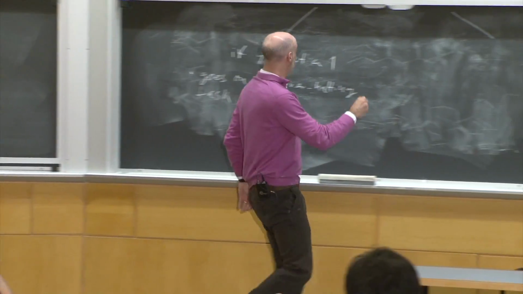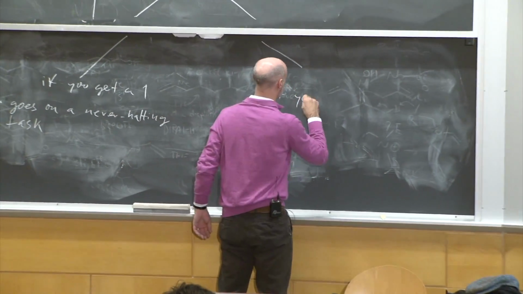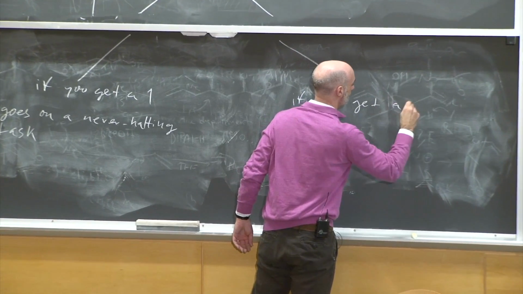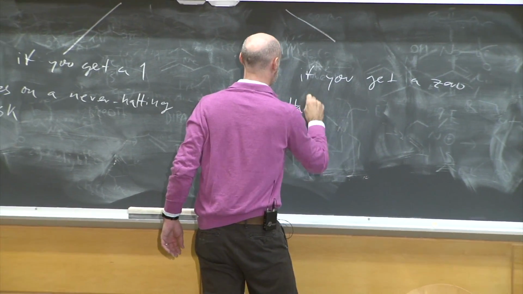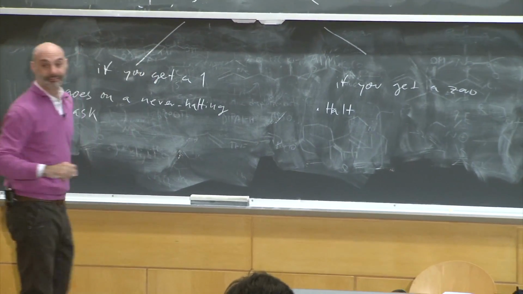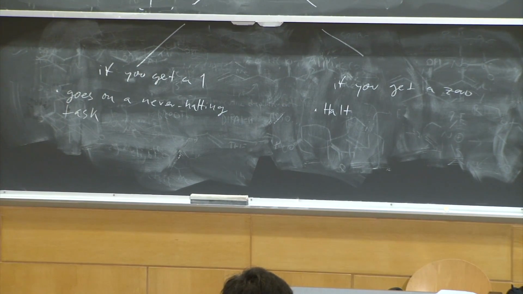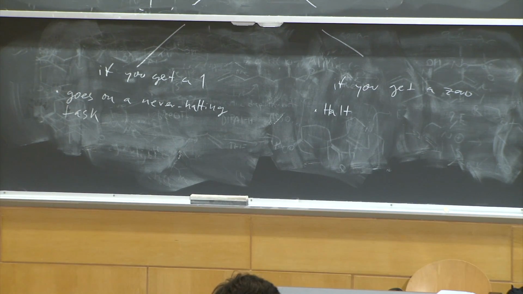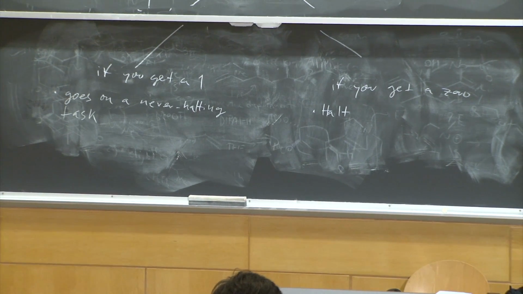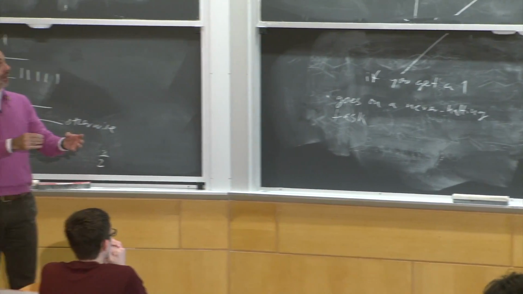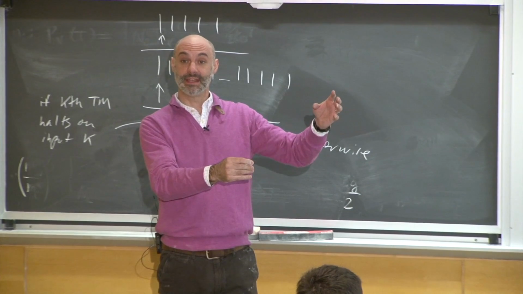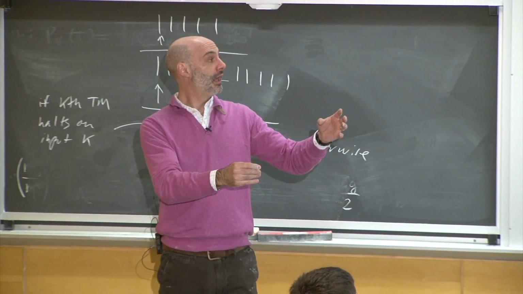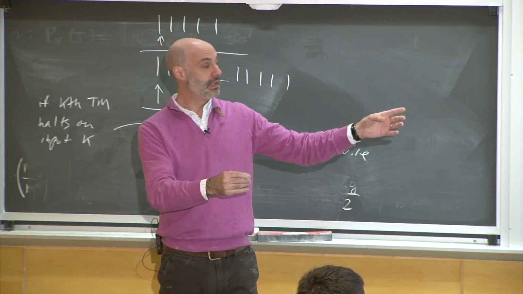And if you get a 0, what it does is halt. So in other words, it does the opposite of the output it got. If the output it got is the kth machine halts on input k, it never halts. And if it says that machine never halts, then it immediately halts.